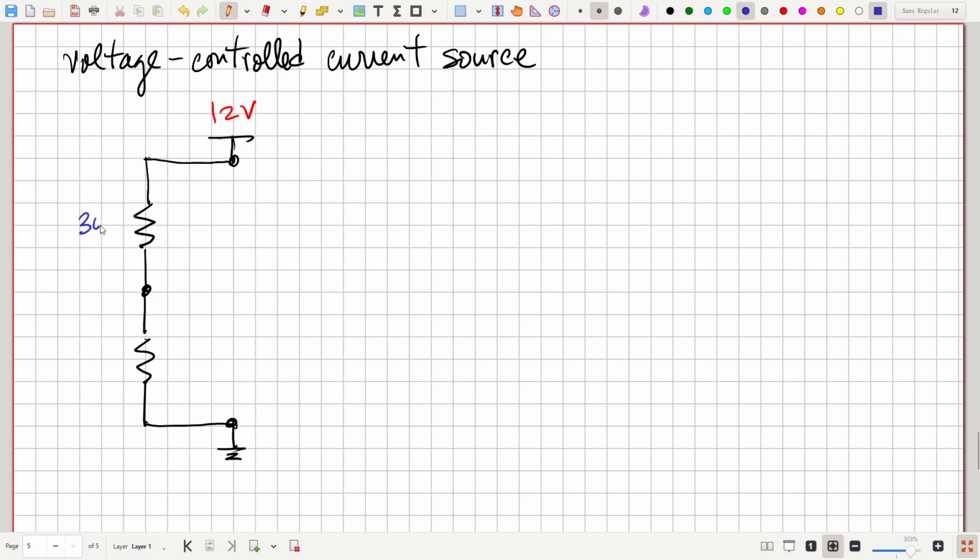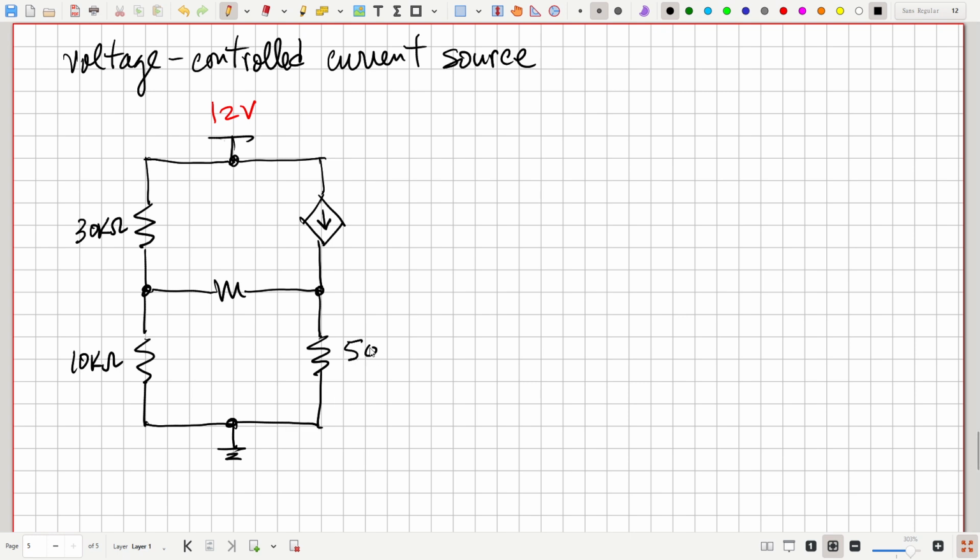Here we've got 30 kilo ohms and 10 kilo ohms. Over here is our dependent source. The resistor right here and another resistor there.